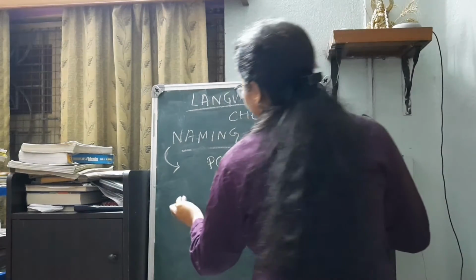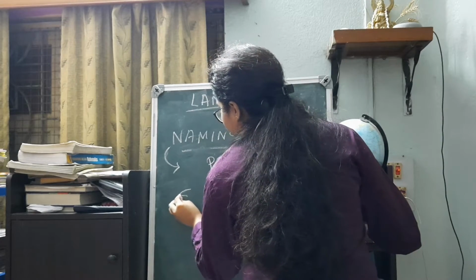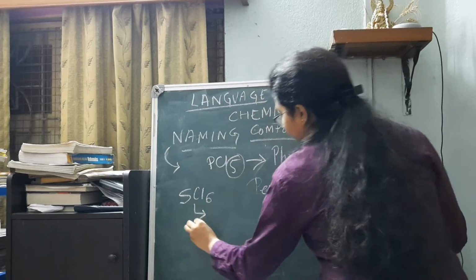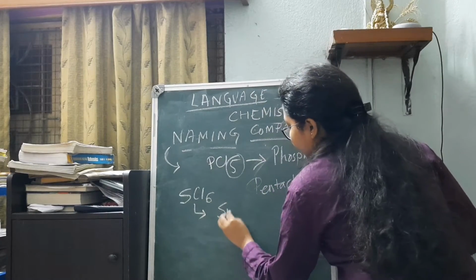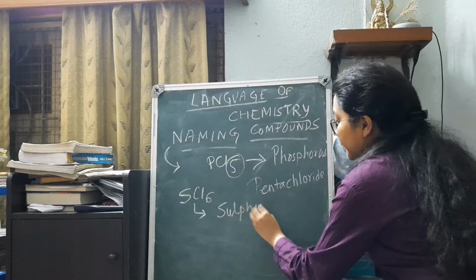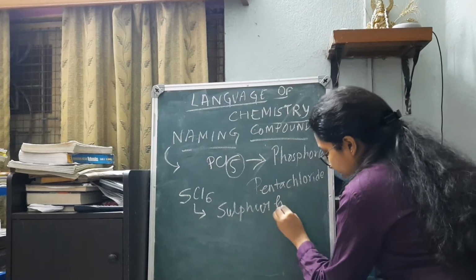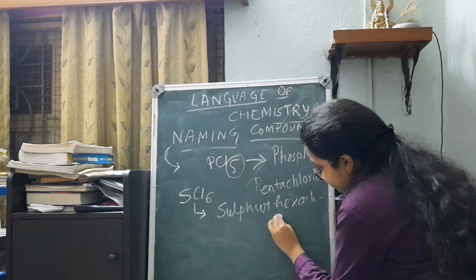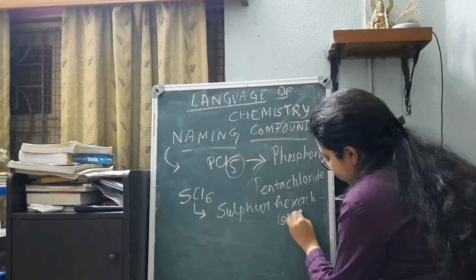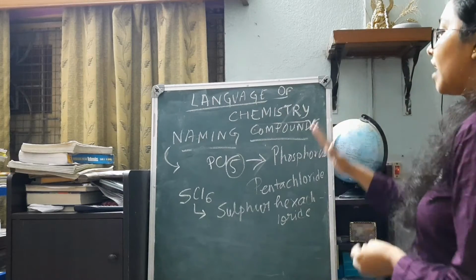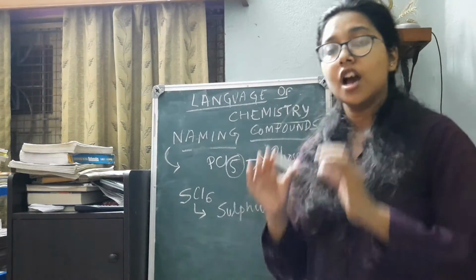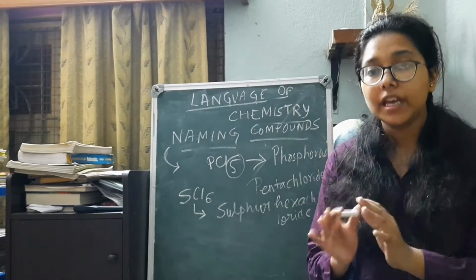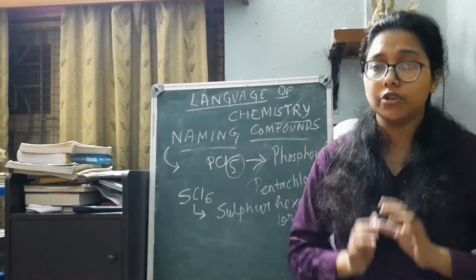Next example, SCl6. How do we name it? Sulfur. 6 means it is hexa. So sulfur hexachloride. Okay. So I hope it is clear how the prefixes need to be mentioned as and when necessary when we are going for the naming of a compound containing two nonmetals.